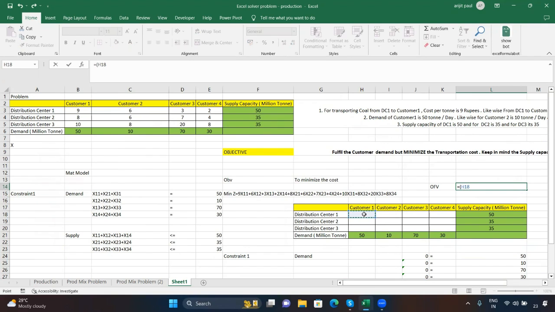That means this cell multiplied with the cost of transferring that coal from DC1 to customer 1 per ton, that is 9 rupees in our problem.